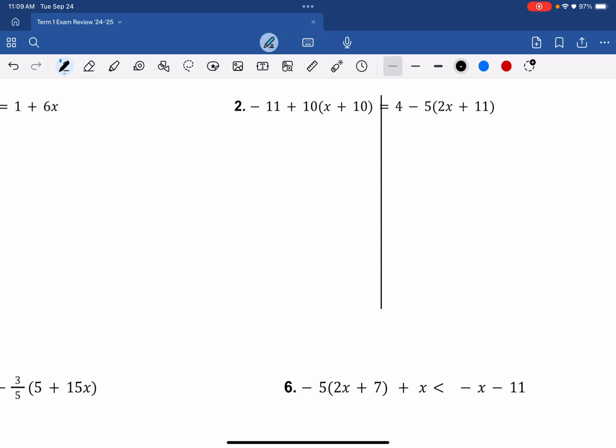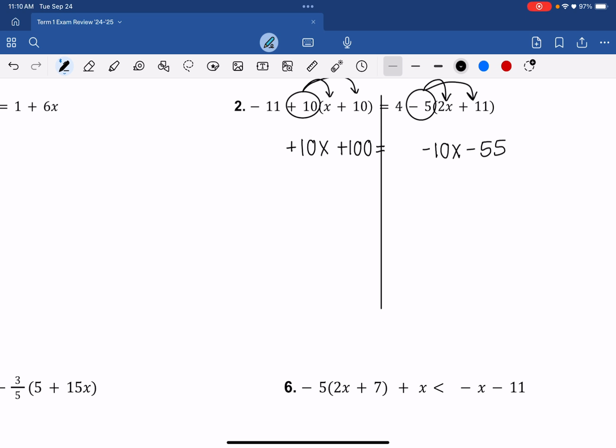Okay, so let it be known that we're distributing also the sign in front of the number. Okay, so I'm actually distributing a positive 10 here, so it'll be positive 10x. And then positive 10 times positive 10 is a positive 100. Negative 5 times 2x is a negative 10x. And then negative 5 times 11 is a negative 55.